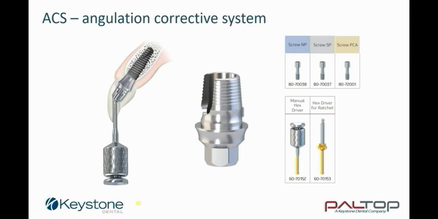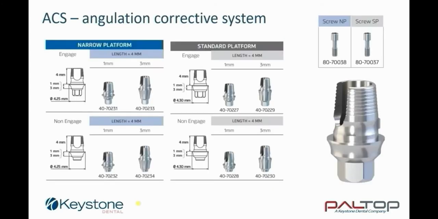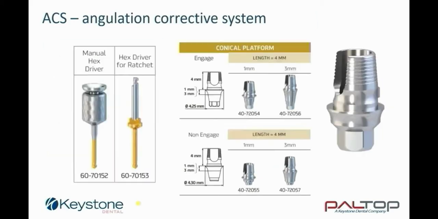This is achieved with the aid of a specially designed abutment screw and screwdriver. The ACS abutment comes for both narrow platform and standard platform in 2 cuff heights, engaging and non-engaging, and for the conical platform in 2 cuff heights, and comes with its own manual hex screwdriver and hex driver for ratchet.